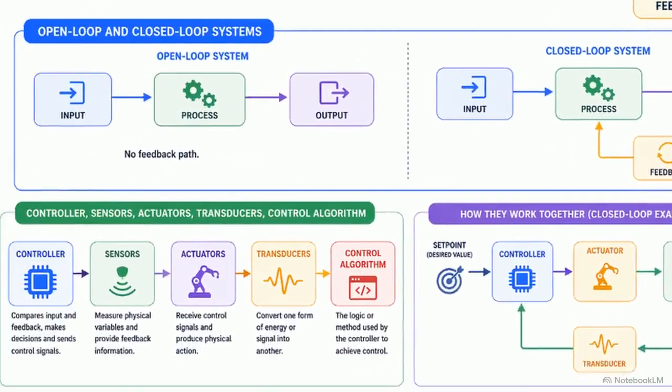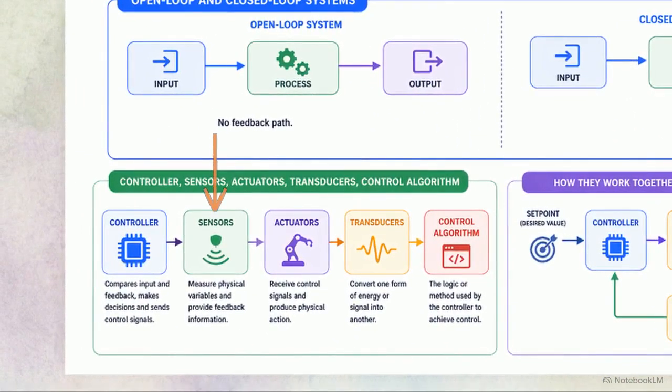Achieving this feedback loop requires a specific chain of hardware components. It starts with sensors. These are the physical devices that detect quantities like temperature, light, pressure, or speed in the real world. Next are transducers. They convert one form of physical energy or signal into a usable format, usually translating a physical change into an electrical signal. That data goes to the controller, the hardware or software brain of the operation.